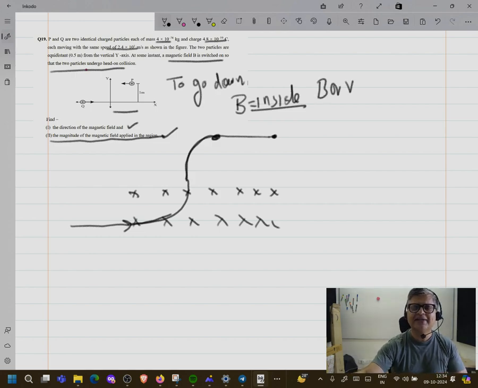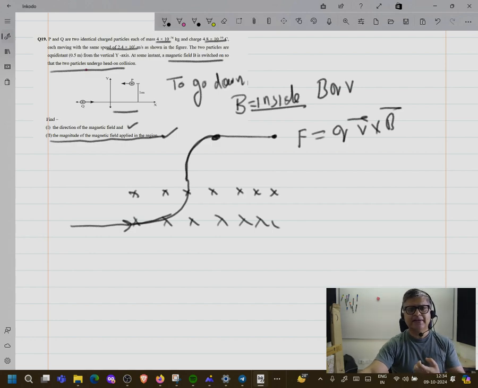BQV, which in fact is written like QV cross B, is the magnetic force being experienced by these two in the upward and downward direction, but centripetal, right? It is not a straight force, so it is always perpendicular to the velocity.